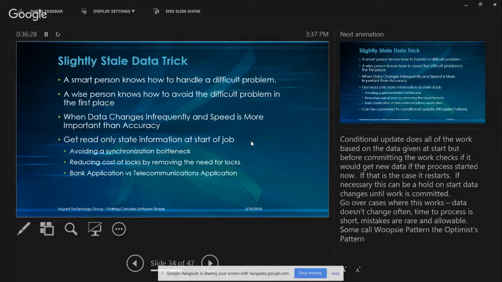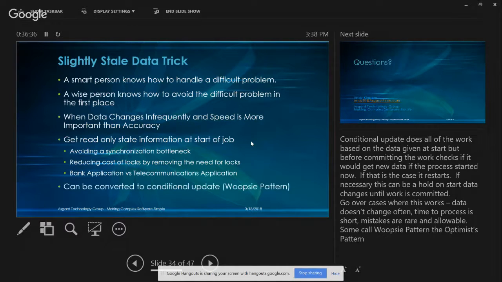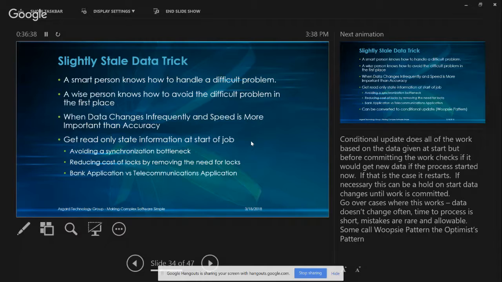You're doing this to avoid a synchronization bottleneck. You don't want everybody fighting over getting control of this information they need to read. You don't want to copy it because there's a fair amount of it. You don't want to have locks because that causes problems.